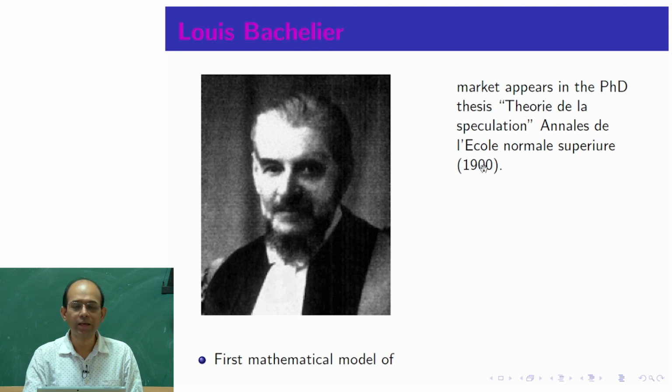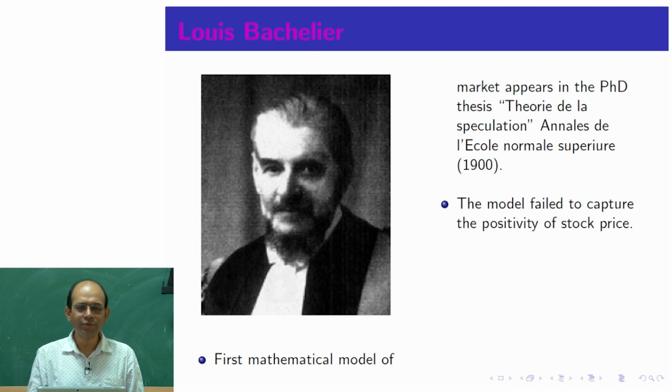This appeared in 1900, so more than a century ago, correct, 120 years back. There he studied the market using a stochastic process. At that time no mathematical tools for Brownian motion existed. I mean, the name Brownian motion was also not common then.